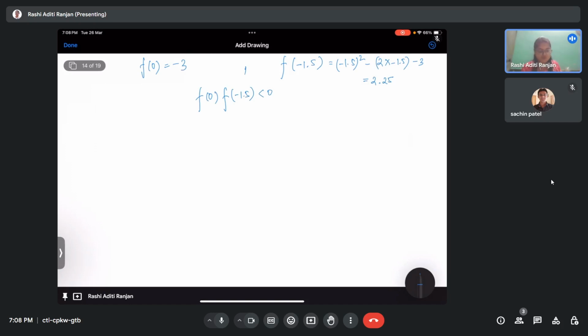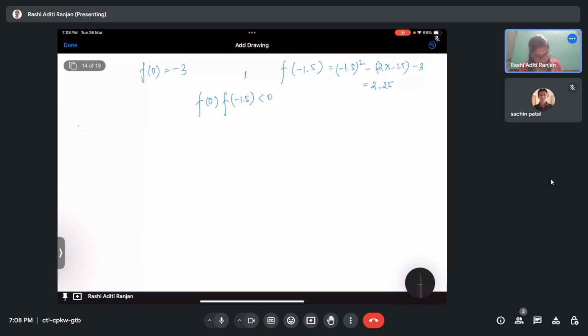So let us suppose, in the first iteration, that c is equal to minus 0.75.